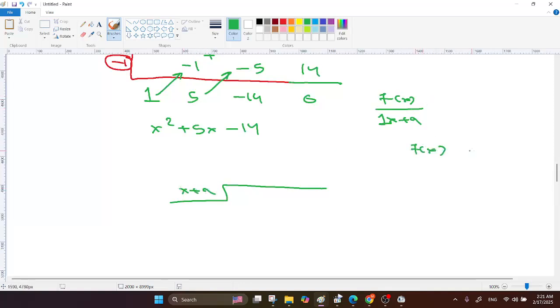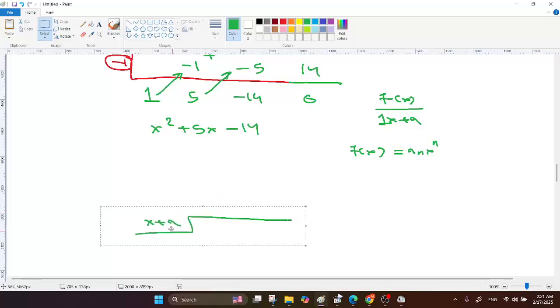Assume f of x equals a n x to n. I will write more terms, but I need space. Yes, like this. Plus a n minus 1 x to n minus 1 plus, until you reach a1x plus a0. a0 is the constant.